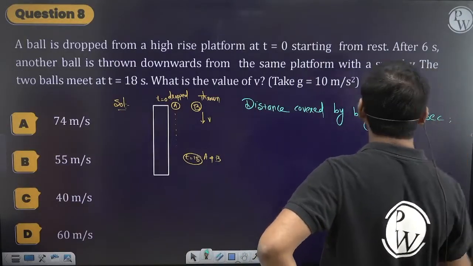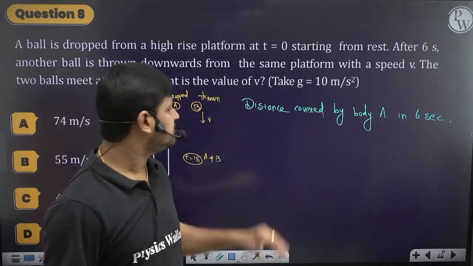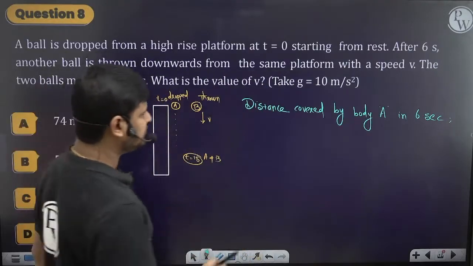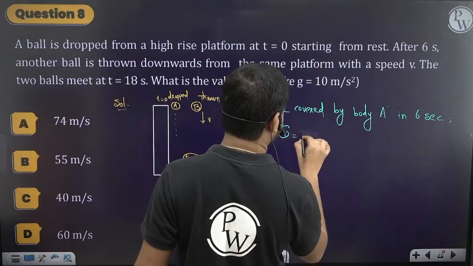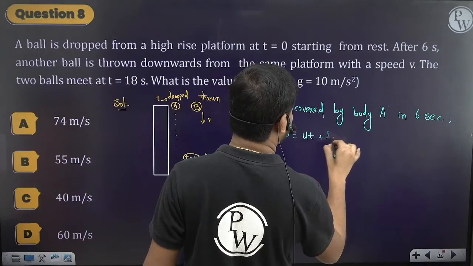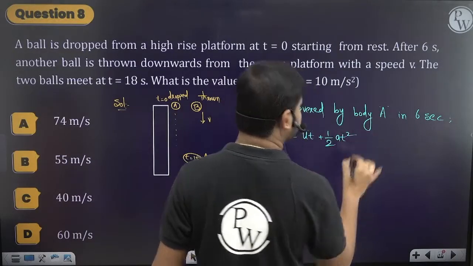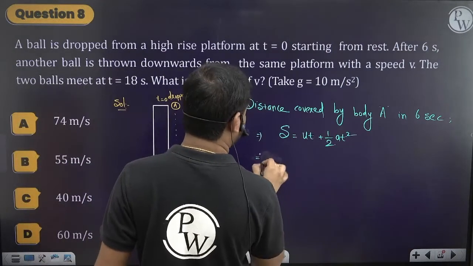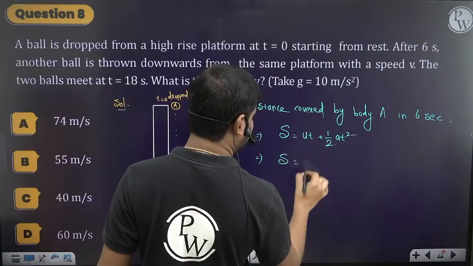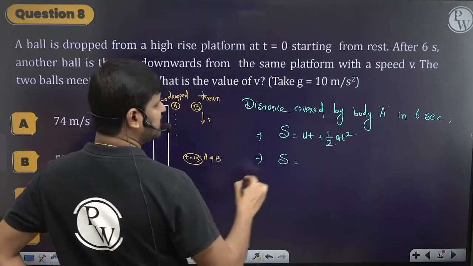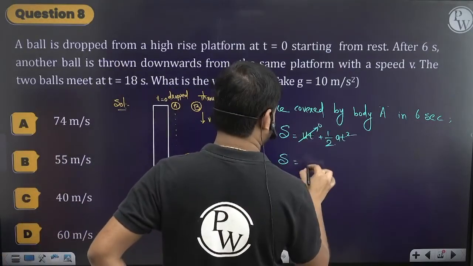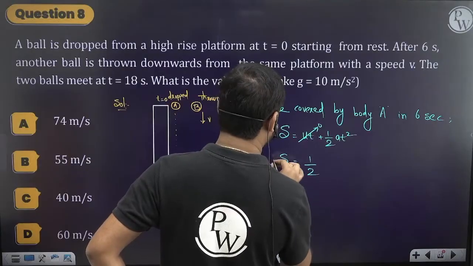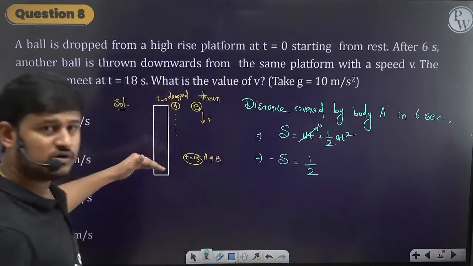After 6 seconds of fall, how much distance has body A covered? For that, I am using s = ut + half at square. What is the distance that we have to find? The initial velocity is 0, so this term will become 0. And the displacement is coming down, so we take minus.